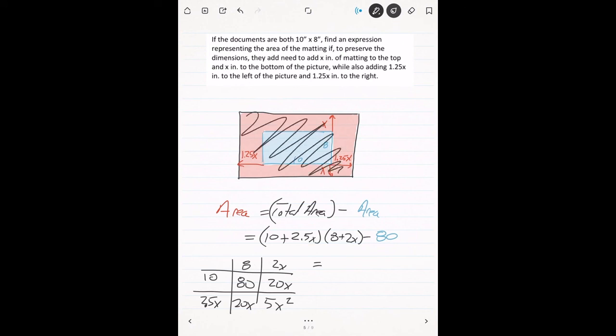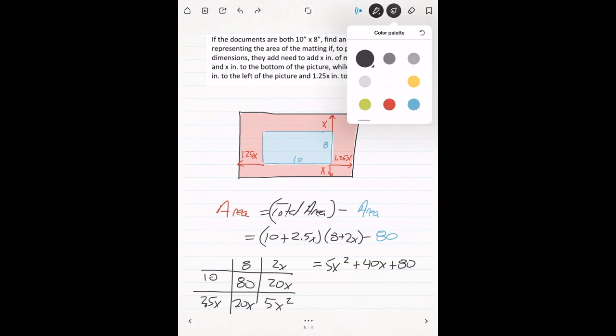This is a way of representing the total larger rectangle. It's 5x squared, and then with these like terms, we'll end up with plus 40x plus 80, and then don't forget we still want to subtract away an 80, which is the area of the interior, okay?